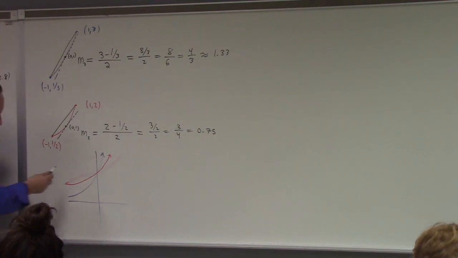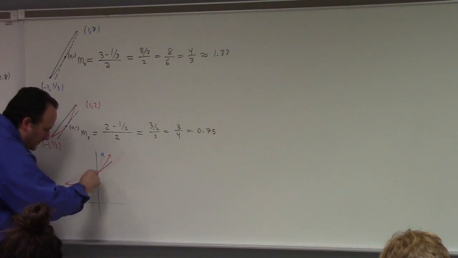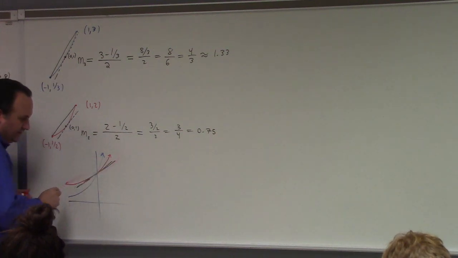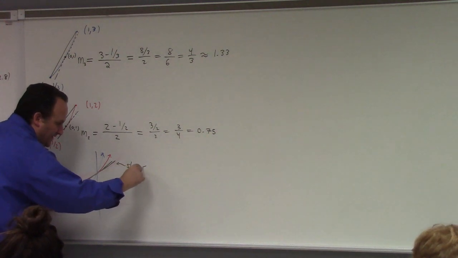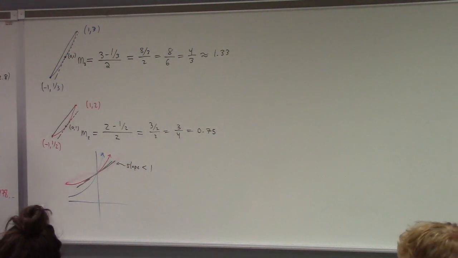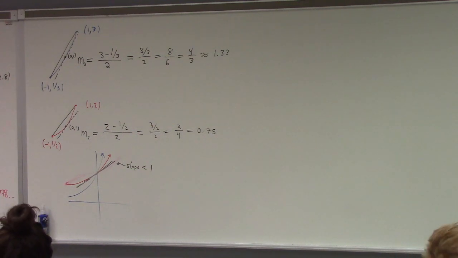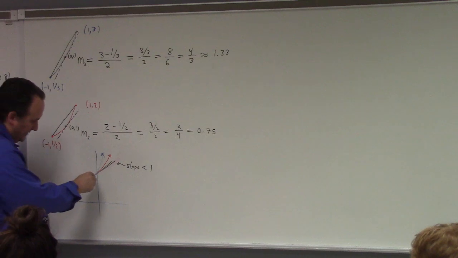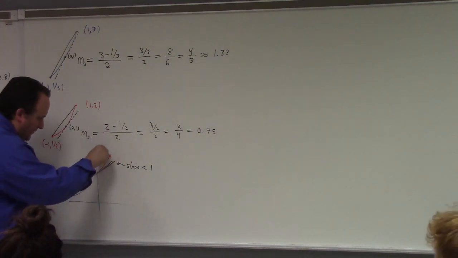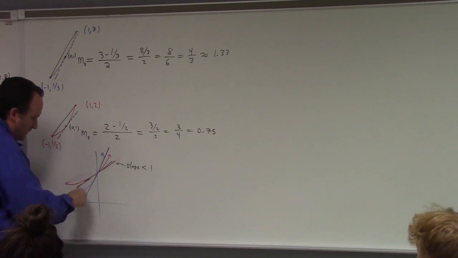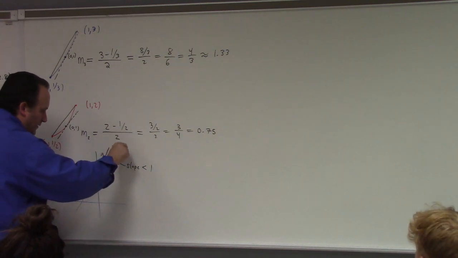If I look at the line that is close to the graph, like here, for the red one, that would have a slope less than 1, right? Whereas the line which is close to the blue graph is what's called a tangent line. If I look at the tangent line to the blue one, it would be more like this, and that would have a slope greater than 1.